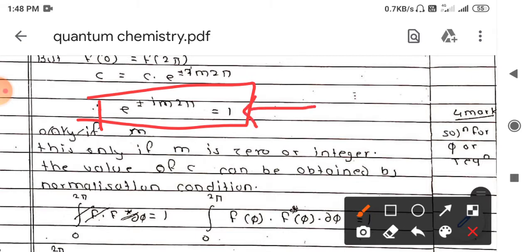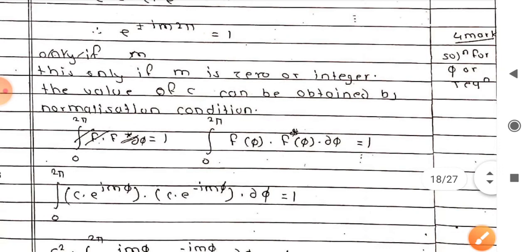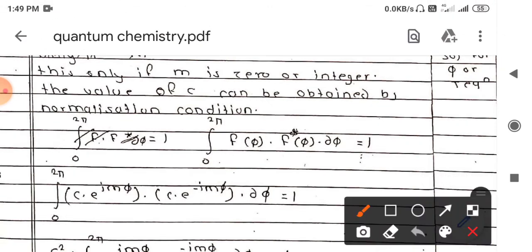This condition is satisfied if and only if the m value is either 0 or an integer. Integer means plus or minus 1, plus or minus 2, plus or minus 3, and so on. So m should have the value of 0 or an integer.